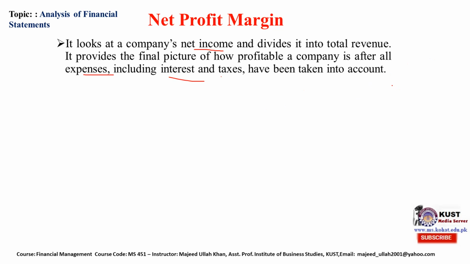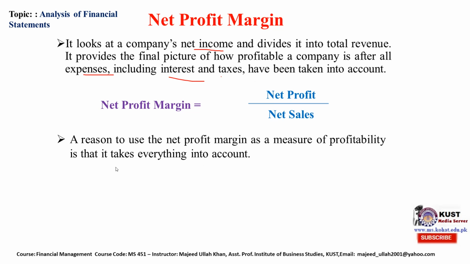So it shows the company's position when we have deducted all expenses and what is left for shareholders. Net profit margin can be calculated by dividing net profit by net sales.